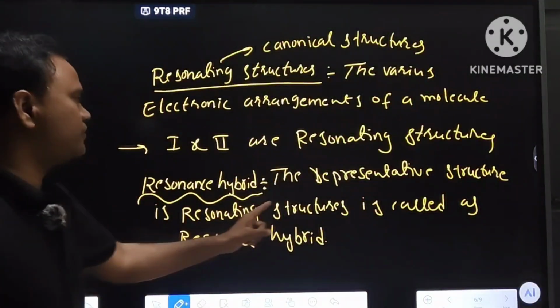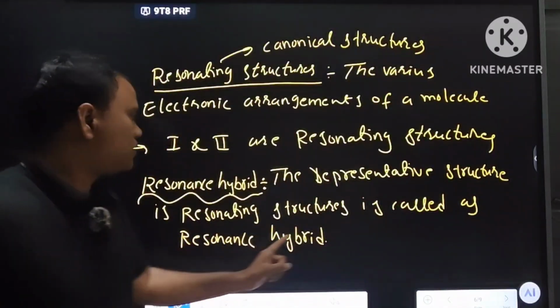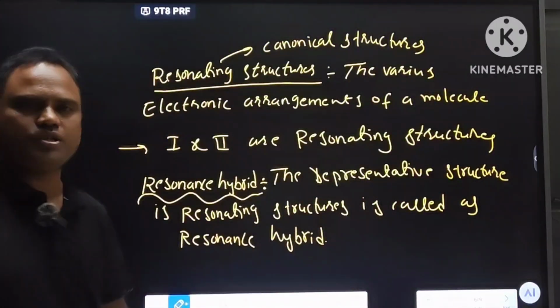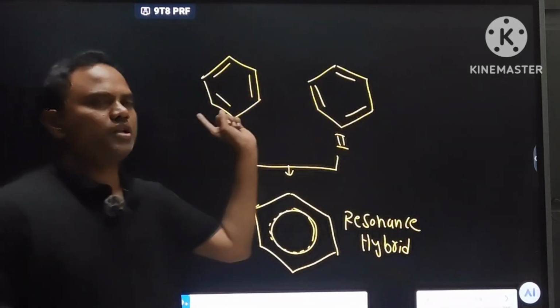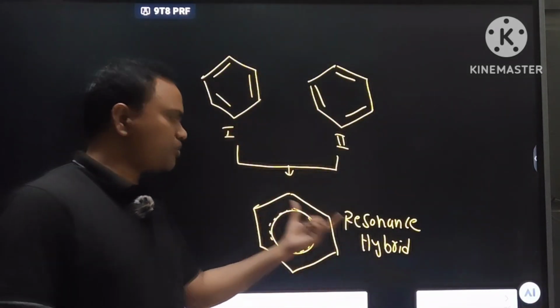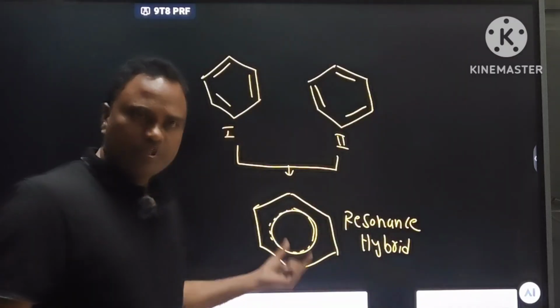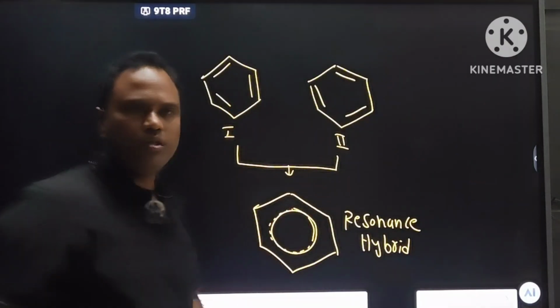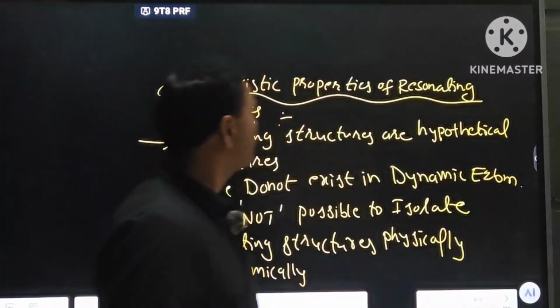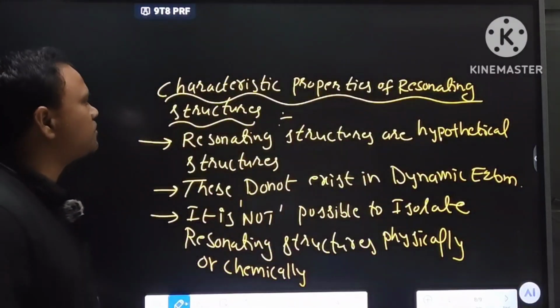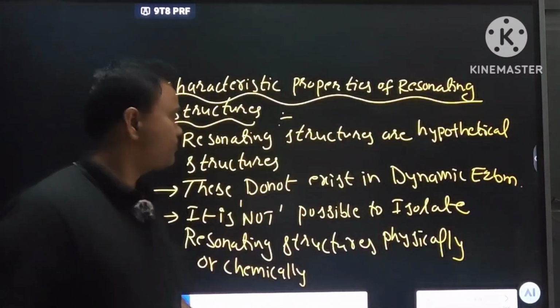Look at this definition: the representative structure of resonating structures is called the resonance hybrid. These two are resonating structures and this is representative of these two, meaning this will represent this and this. This is called the resonance hybrid. Let us see the characteristic properties of resonating structures.